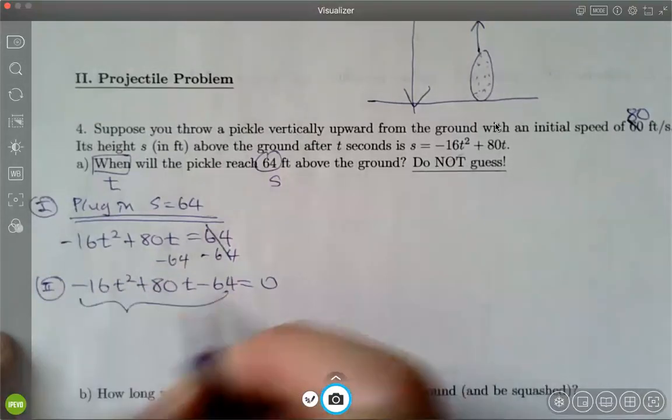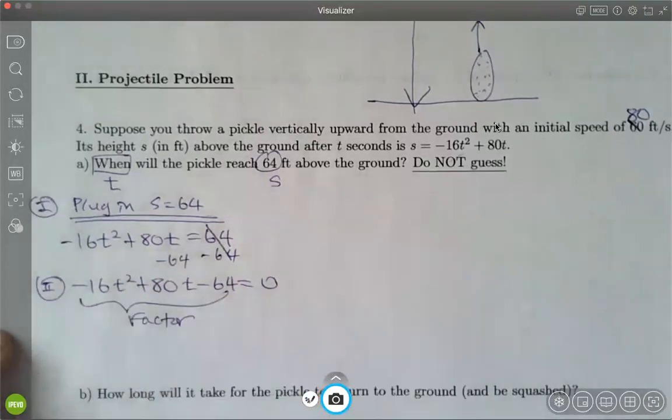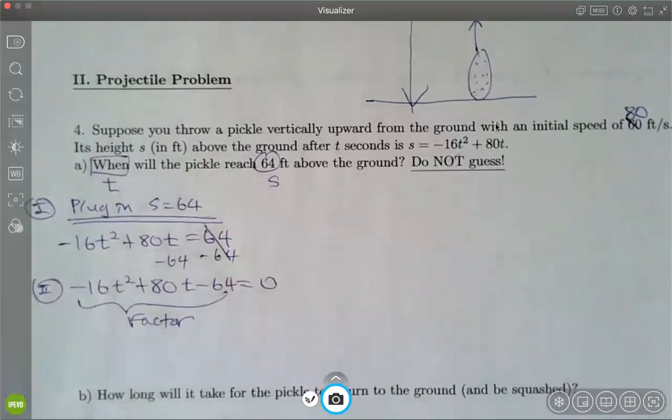Now, how do we factor this? So here the numbers are fairly big. Can we pull out some number? What can we pull out? 4. Can you pull out more? 8. Can you pull out more? 16. Can you pull out yet once more?